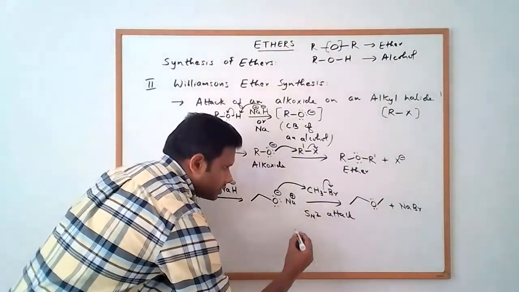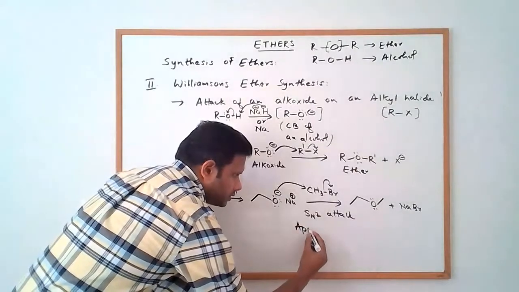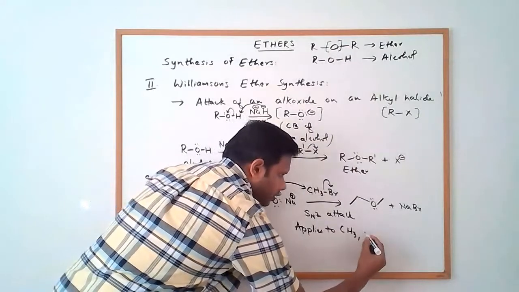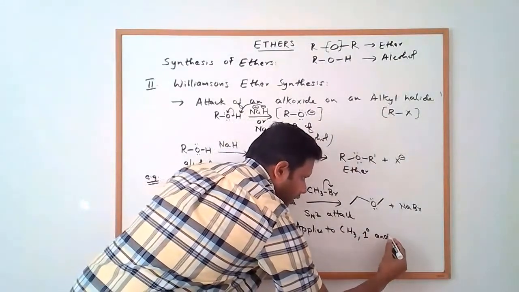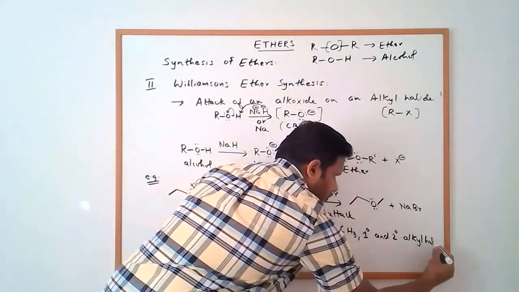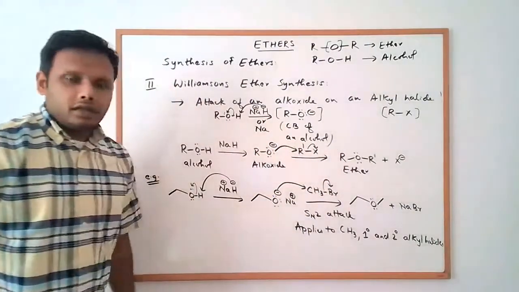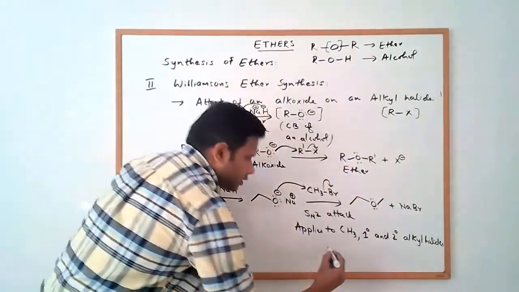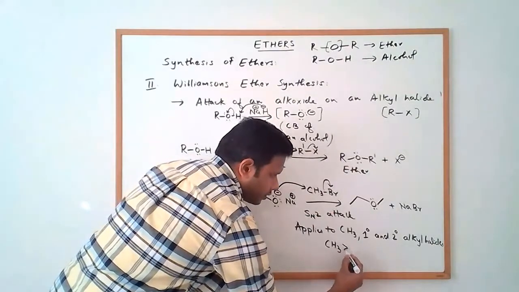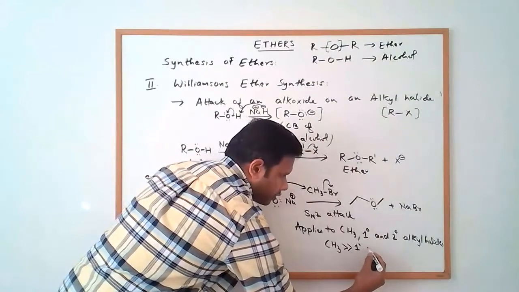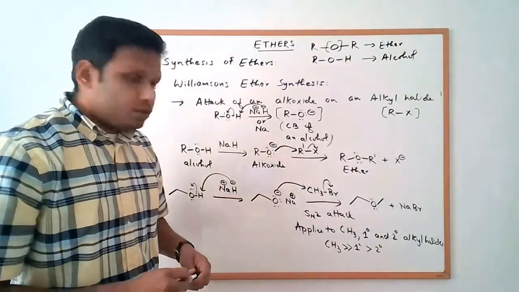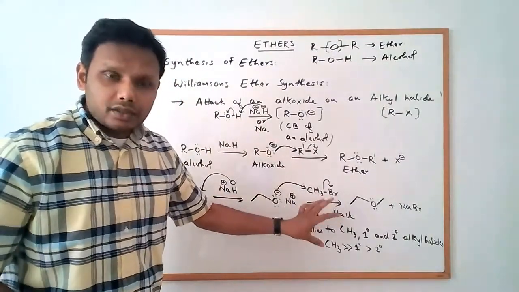So since this is an SN2 attack, this applies to methyl, primary and secondary alkyl halides. And in fact, in that order, okay, so methyl alkyl halides would be the most reactive, and then primary, and then secondary. Tertiary alkyl halides do not participate in SN2 reactions.